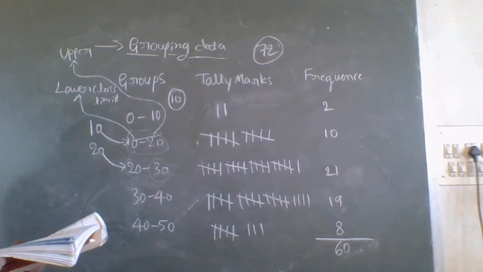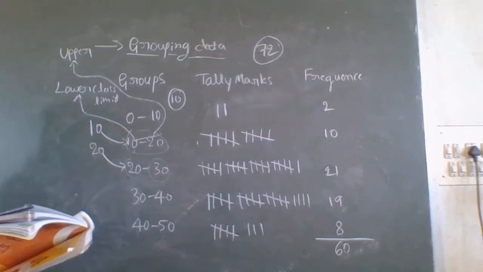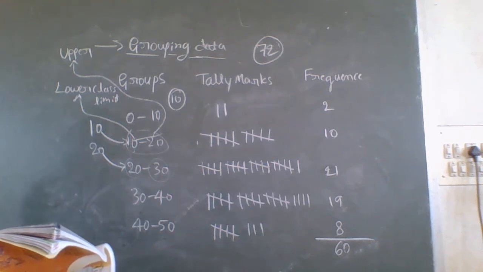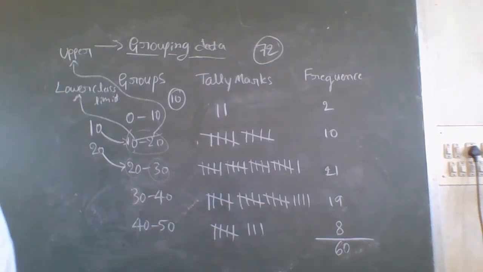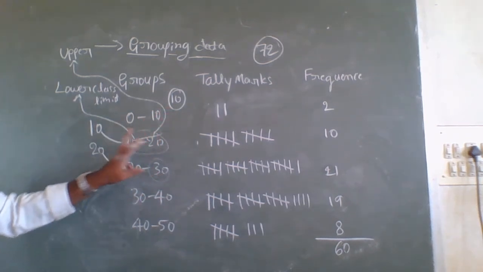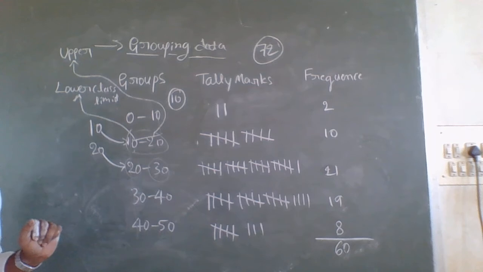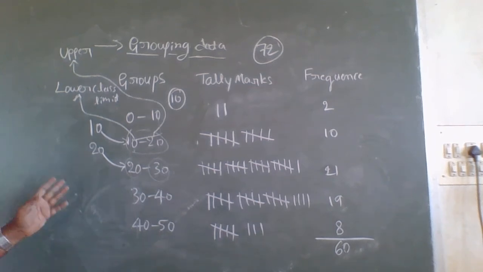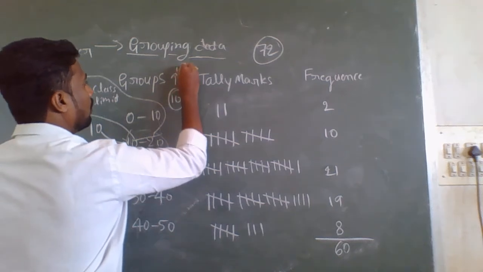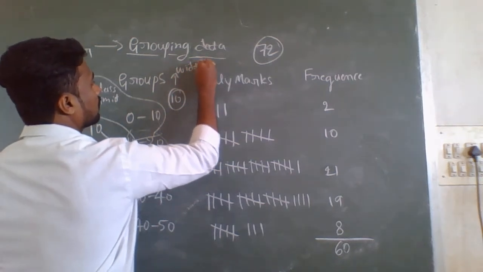This difference between the upper class limit and the lower class limit is called the width or size of the class interval.